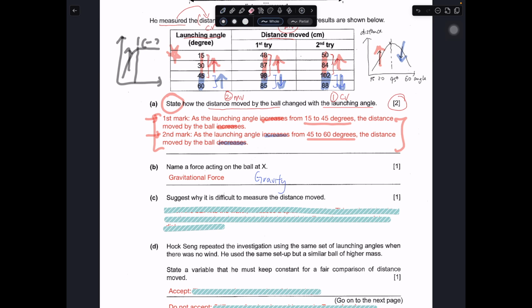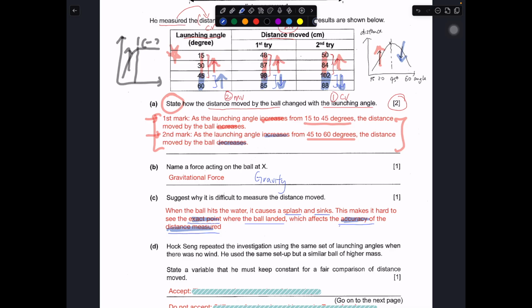Let me show you on this part. When the ball hits the water, it causes a splash and sinks. It makes it hard to see the exact point where the ball landed, which will affect the accuracy of the distance measured. This is the key portion: it affects the accuracy of the distance measured. You don't know where exactly it landed.